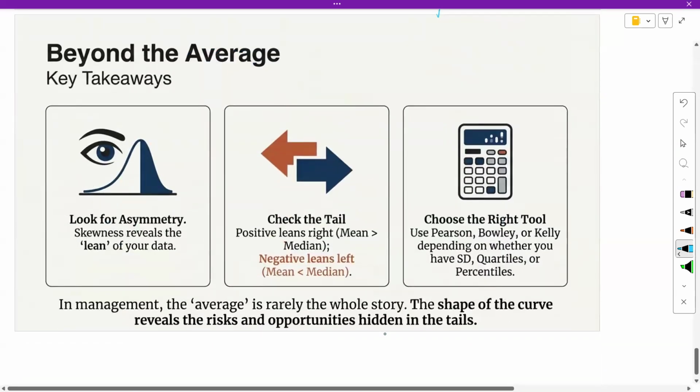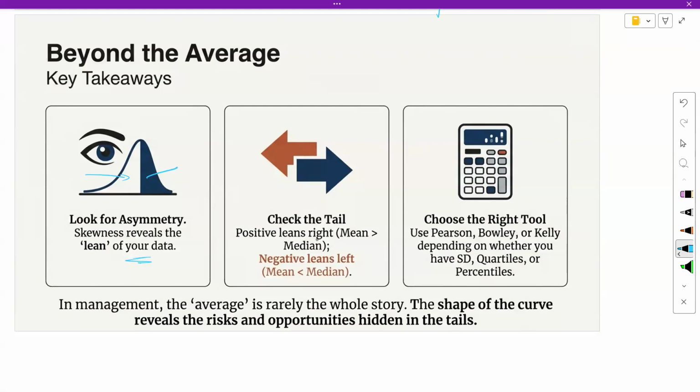Beyond average, skewness is beyond average. What are the takeaways? Look for asymmetry. Skewness reveals the lean of your data, so look at the asymmetry, where one side is higher than the opposite side.